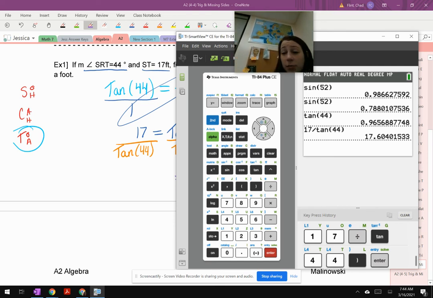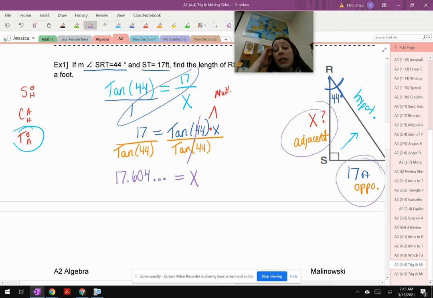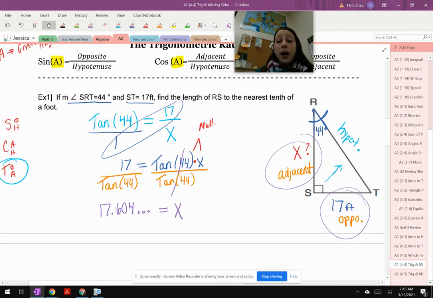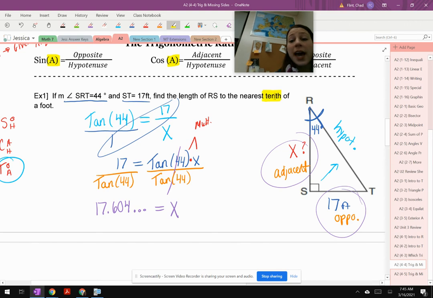So 17.604, and again, dot, dot, dot, to show that it keeps going. Looking back at the problem to see what to round to, it was asking me to round to the nearest tenth of a foot. So nearest tenth is the 6.